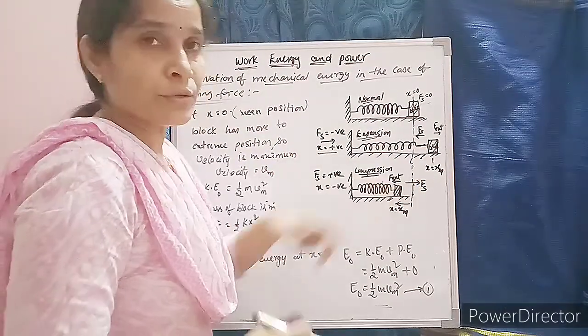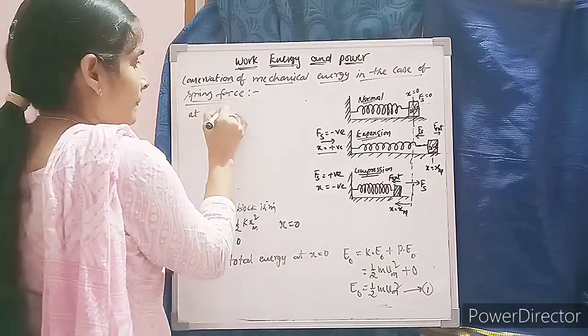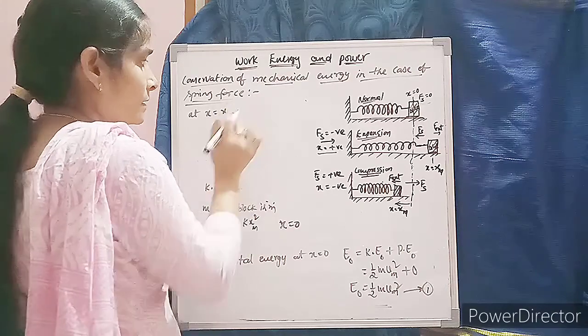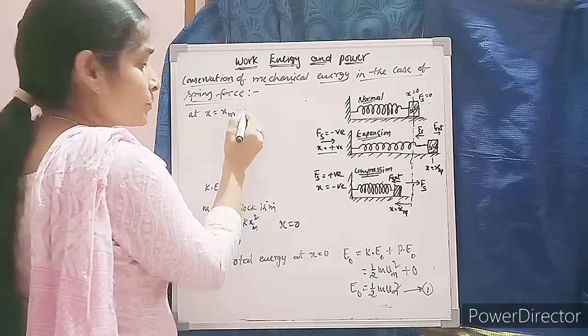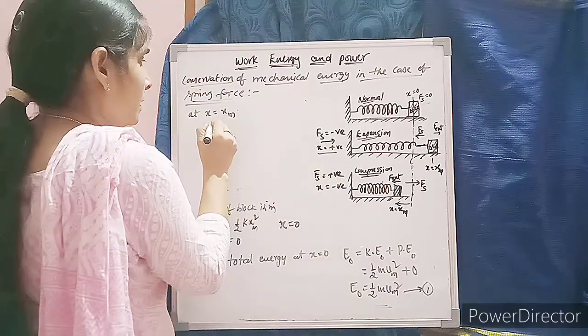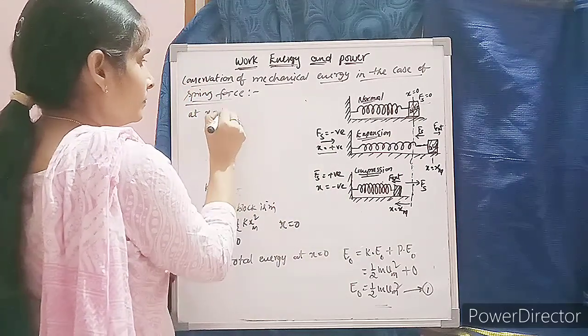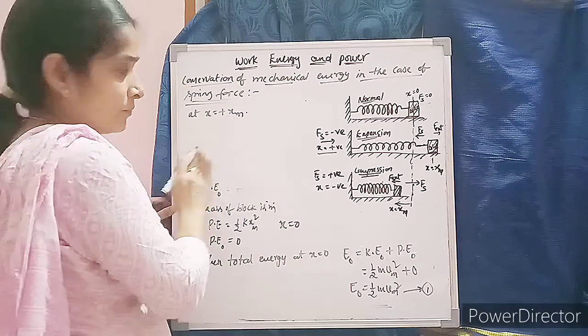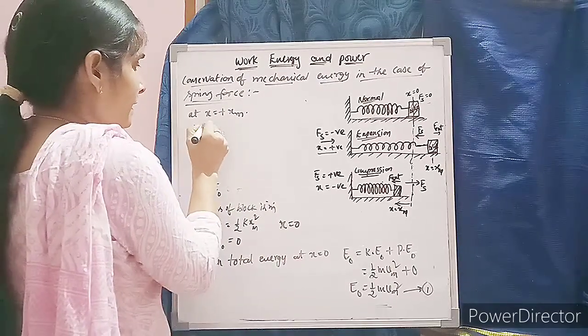At x is equal to xm, here x is positive. Why? Because in the expansion x is positive. So at x is equal to positive xm, what is the kinetic energy?